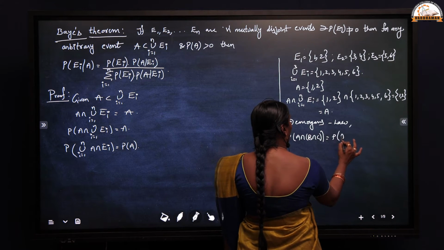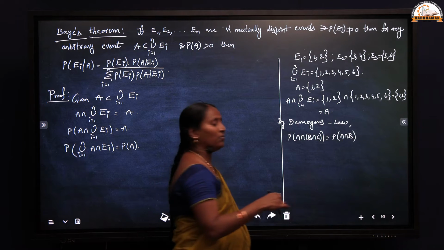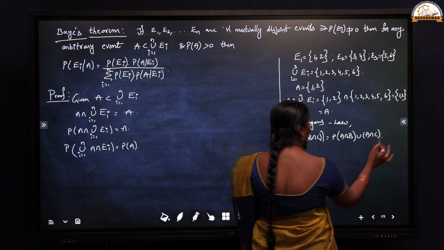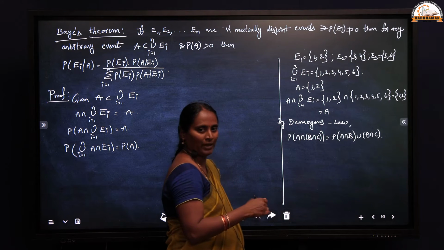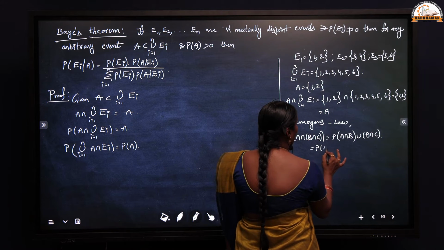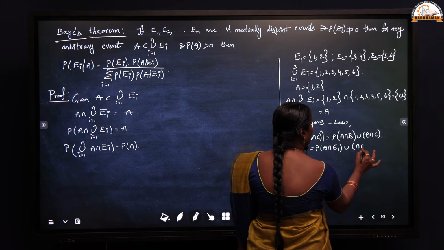P of A intersection B, which has the union of the two elements, union A intersection C. Or you write it in this way. Whenever you have two events, it is A intersection E1 union A intersection E2.